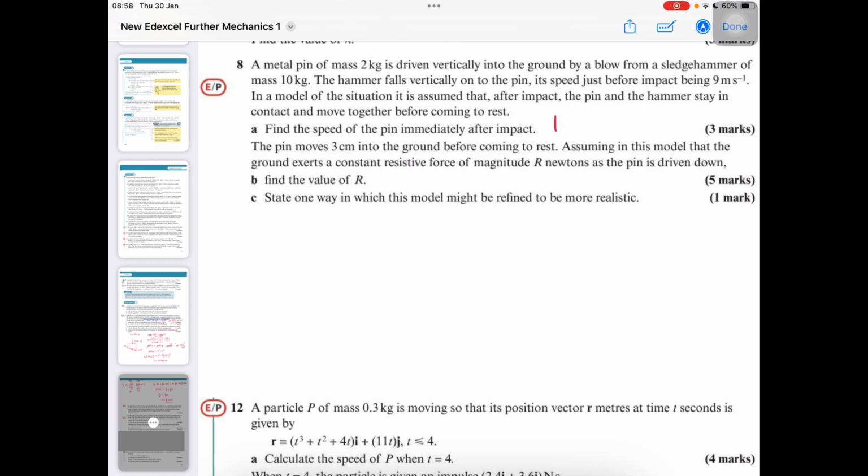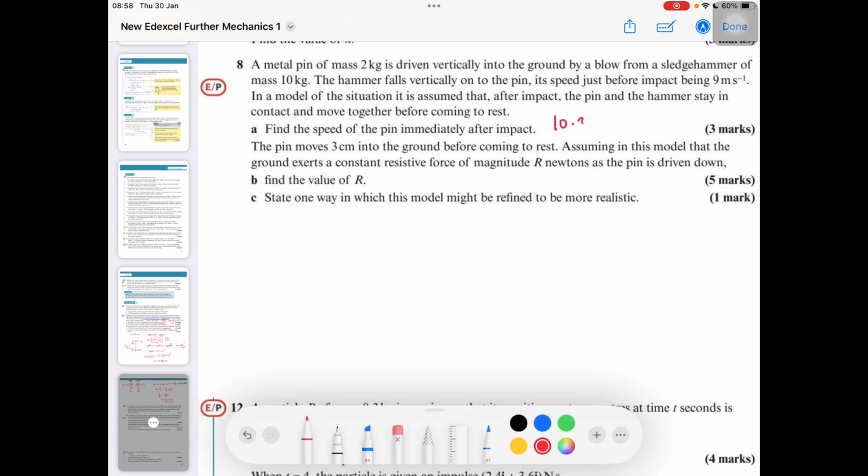So 10 times 9 becomes 10 plus 2 times v. So the velocity is 3, 4, 2, 5, so 7.5 meter per second.